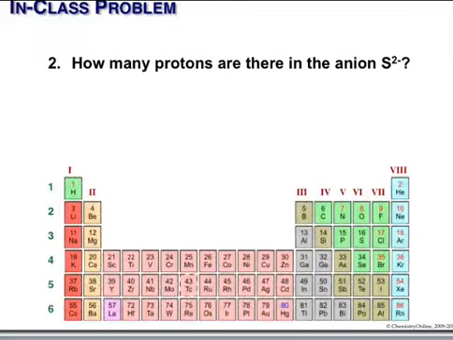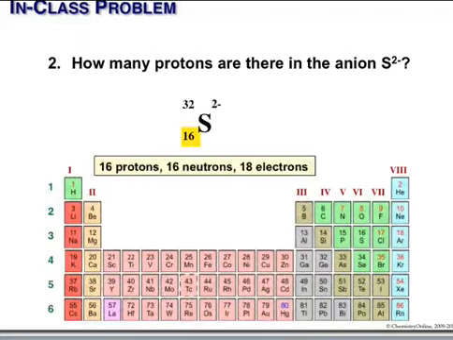Only the fact that it's sulfur, its atomic number is 16. We don't care what its mass number is, but typically it's 32. Therefore, regardless of how many electrons you have, it is still only 16 protons. The number of protons determine what the element is.